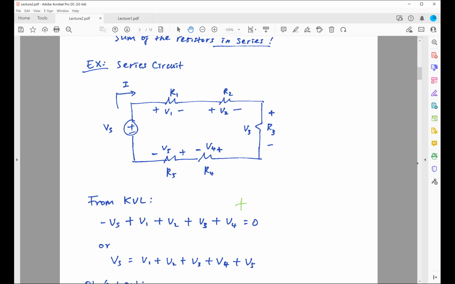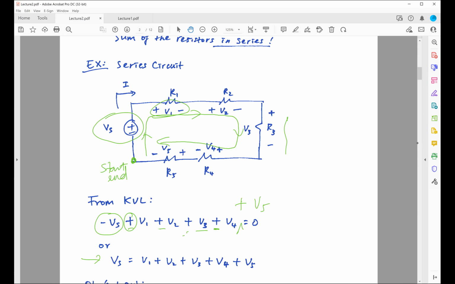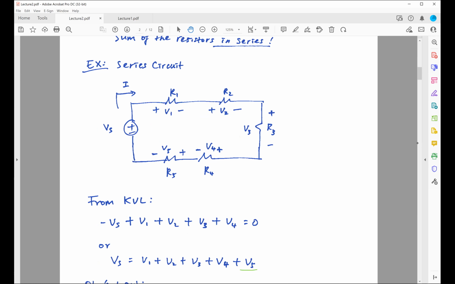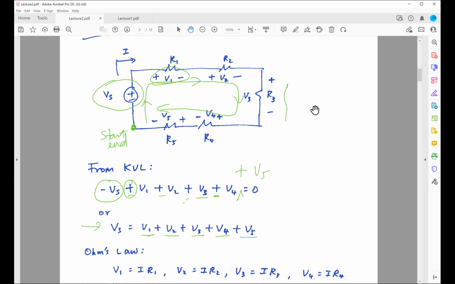And finally, plus V5 over here. In other words, this can be rearranged such that Vs is equal to V1 plus V2 plus V3 plus V4 plus V5.